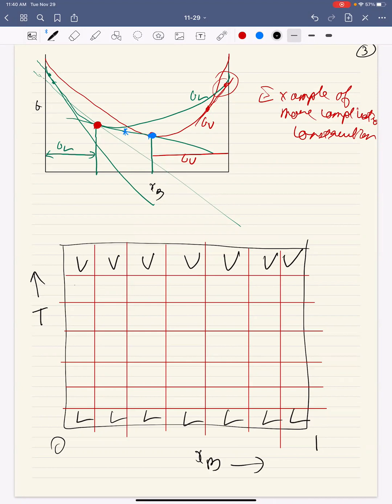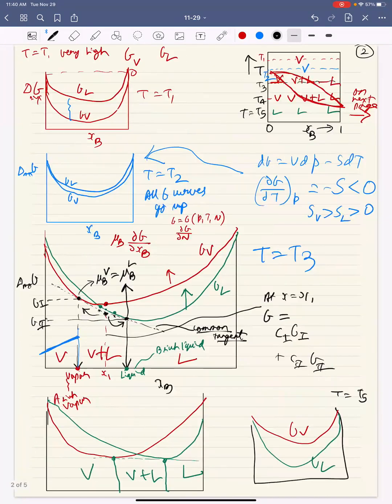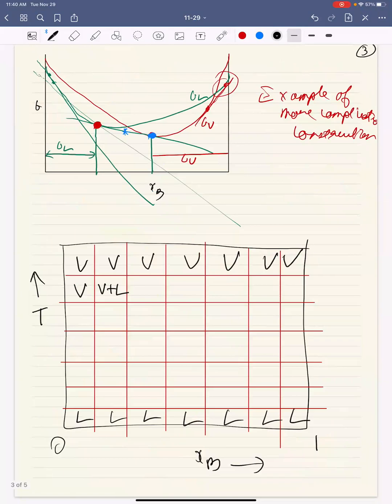As you decrease the temperature, you start seeing some vapor plus liquid. The region where you have vapor plus liquid comes from the common tangent construction, right? Again, back to liquid over here. As you decrease the temperature, we showed that, and I'm being a bit qualitative over here because you can be as quantitative as you want.